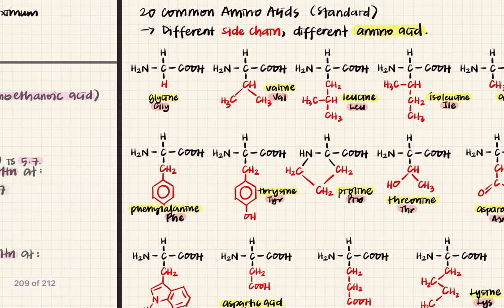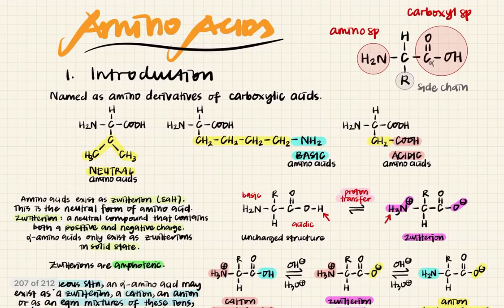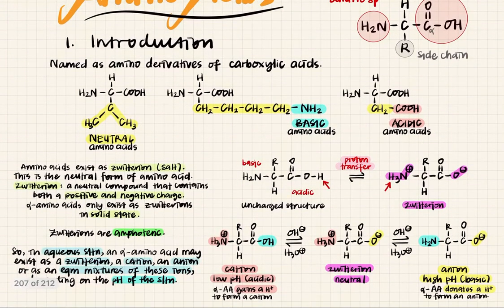But when you are naming your amino acid, you name it like normal, with amino as your substituent and carboxylic acid as your parent, because the carboxyl group has higher priority than amines. So later you name it as usual.